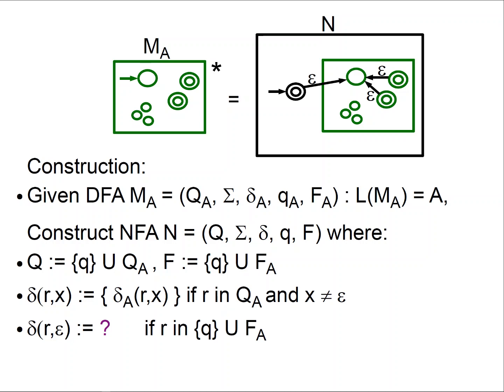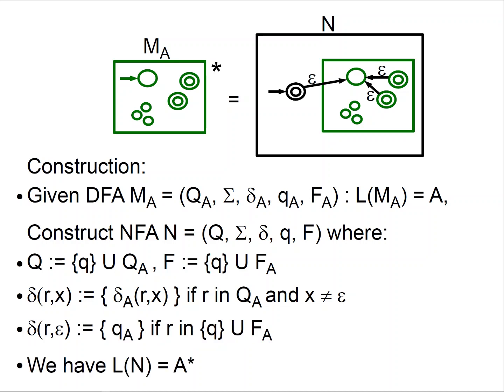But if you do an epsilon transition from R, which is either the new start state or an accept state, then you go to the set containing Q_A, the start state of MA. The language of N is A star.